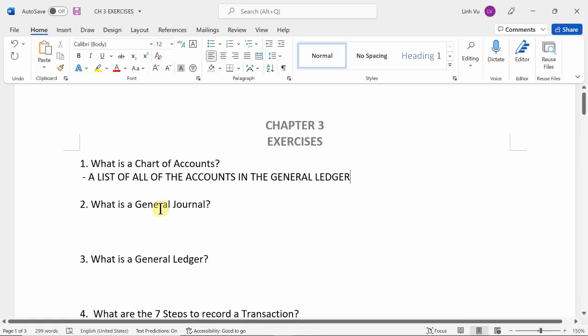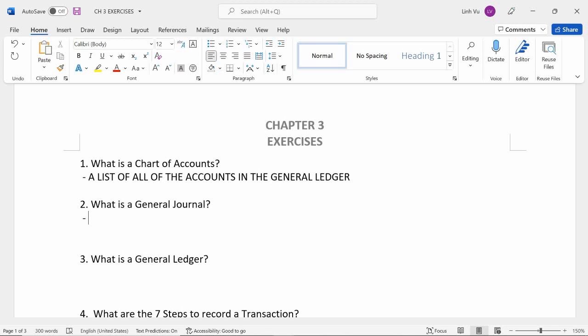All right, so what is a general journal? It's an accounting record that is used to record the different types of transactions. Business transactions, but what is the sole purpose of it?